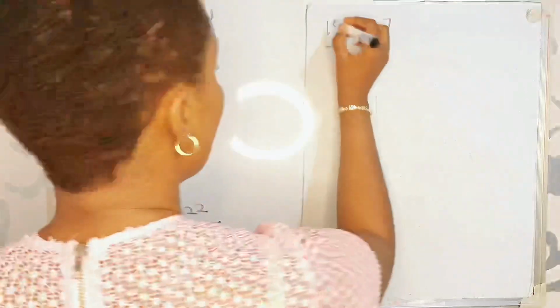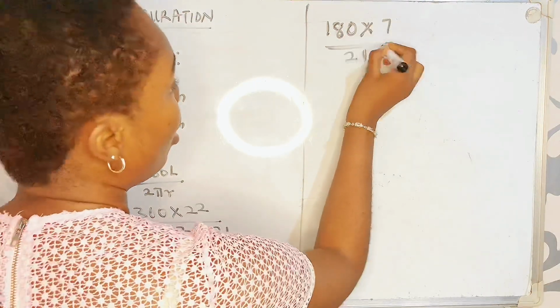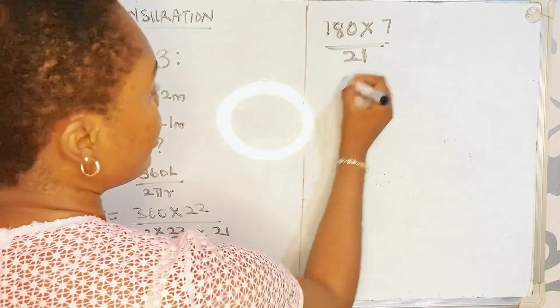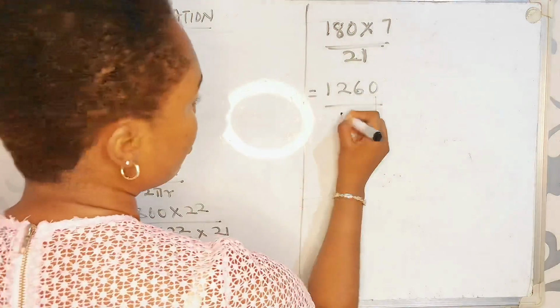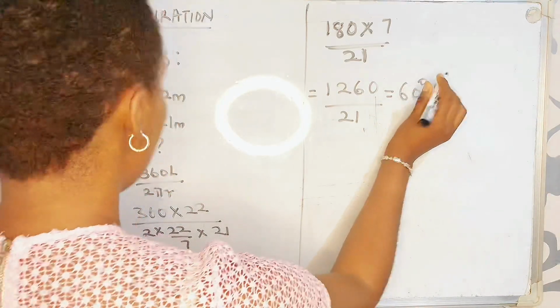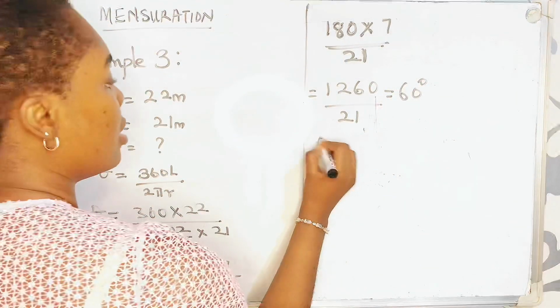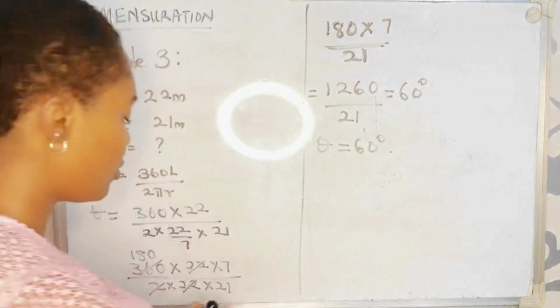Then we are left with 180 times 7 all over 21. 180 times 7 will give us 1,260 over 21, and this will give us 60 degrees. So theta is equal to 60 degrees.